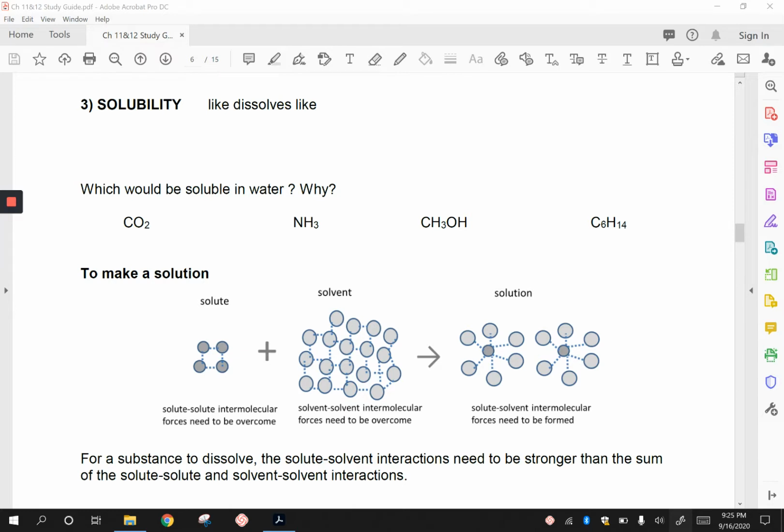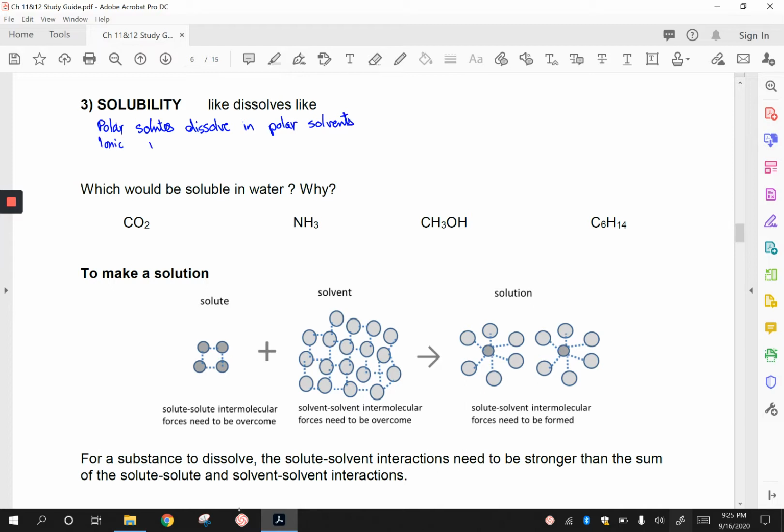Last year, we talked about solubility in very simple terms. We said like dissolves like. And what that means is that polar solutes dissolve in polar solvents.